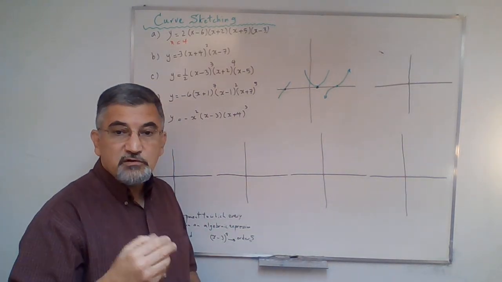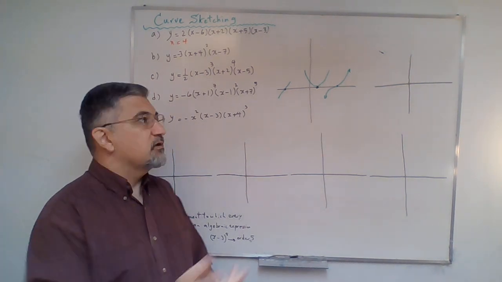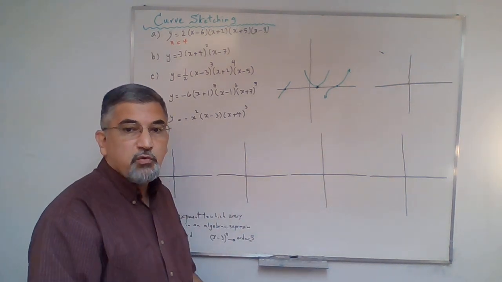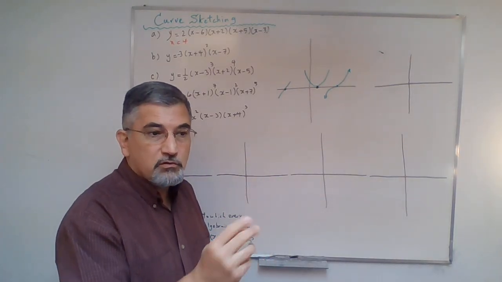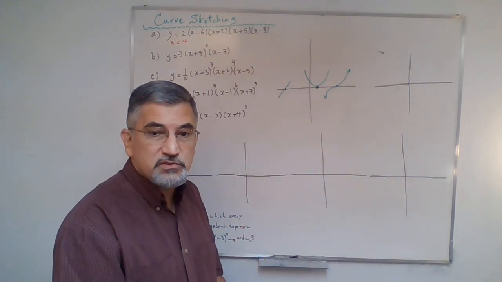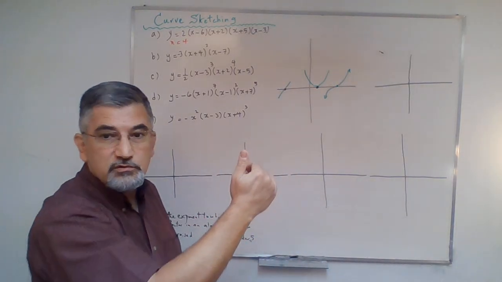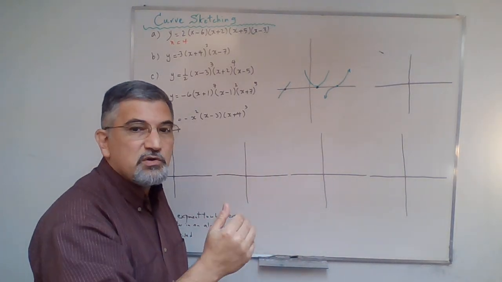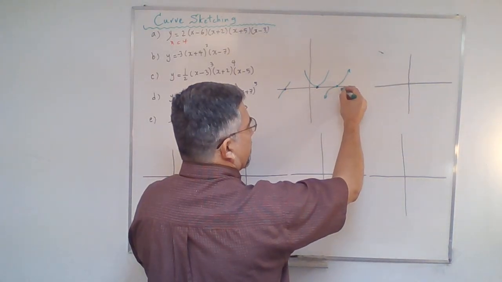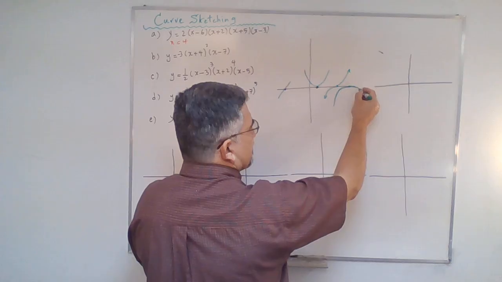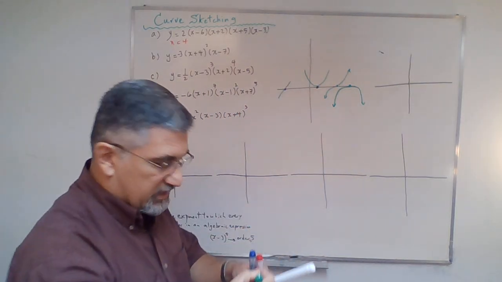And if the exponent is 4 or 6 or 8 or any even number, again, bouncing is going to happen. But what's the difference between an exponent of 2 or 4 or 10, since these are all even numbers? Well, the so-called vertex, the lowest point or the highest point, will become flatter. So it's going to look something like this, a bit flat, but still bouncing at that x-intercept.